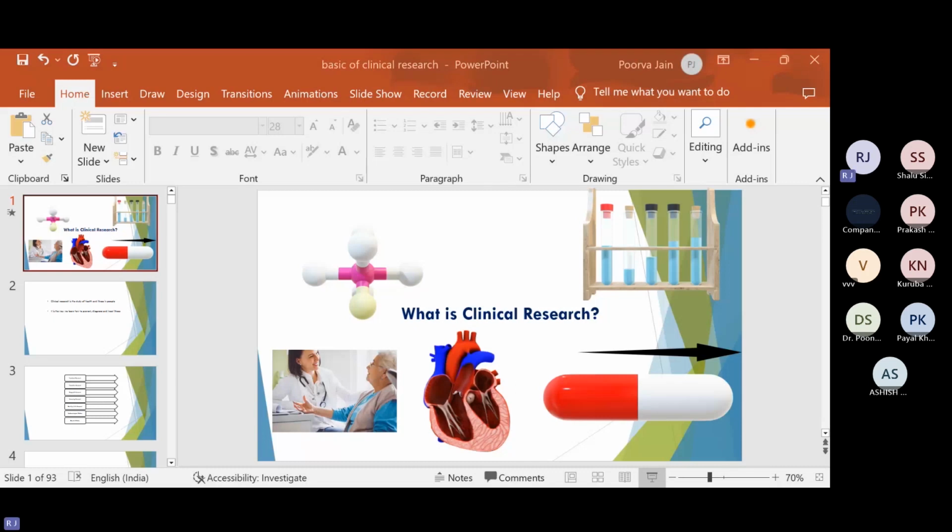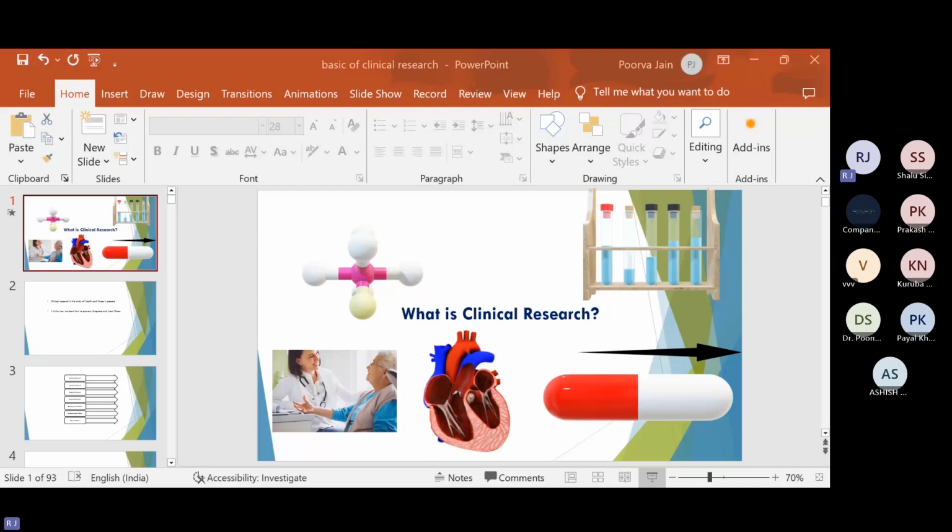So again, the discovery stage of development can be divided into three parts: target discovery, target validation, lead generation, and refinement.